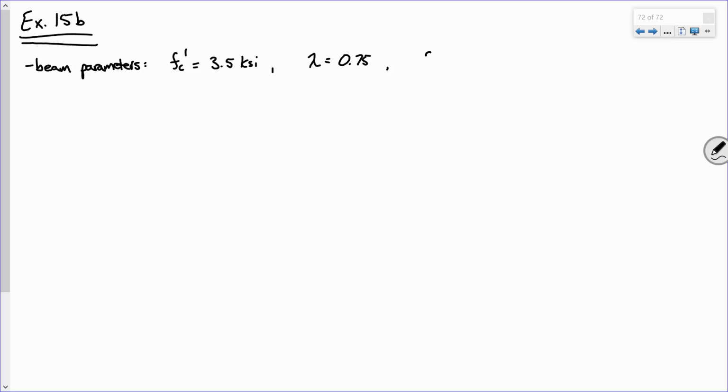We've got Fy of 60. And we've got, in this case, an area required of 2.88. So again, remember you do the design, you get to like step 8, and it says the required area of steel is 2.88. That's where that number comes from.